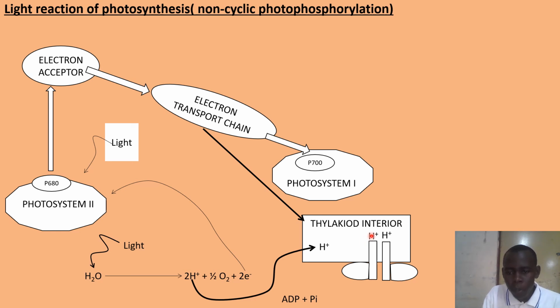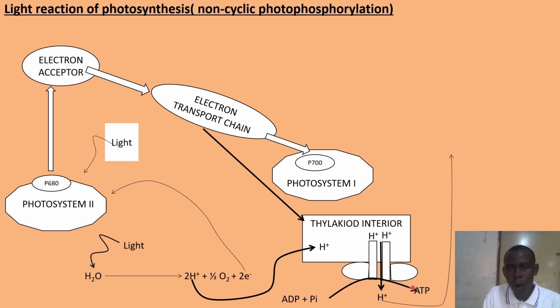As the protons diffuse from the interior of the thylakoids to the outside, they disturb the structure of these stalked particles associated with ATP synthase. This provides the energy required to combine ADP and inorganic phosphate to form ATP.